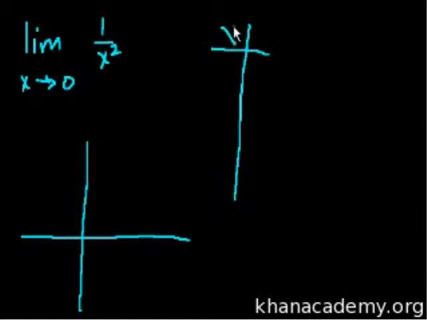So let's say, once again, obviously you can't just put x equal to 0. You'll get 1 over 0, which is undefined. But what does 1 over x squared evaluate to? So when x is 0.1, 0.1 squared is 0.01, so 1 over that is 100. Similarly, if I do minus 0.1, minus 0.1 squared is positive 0.01, so then 1 over that is still 100.